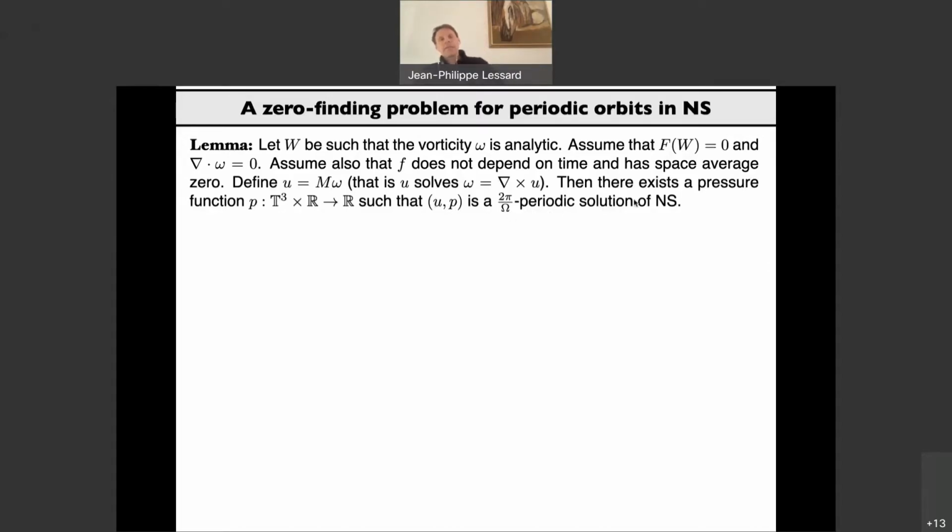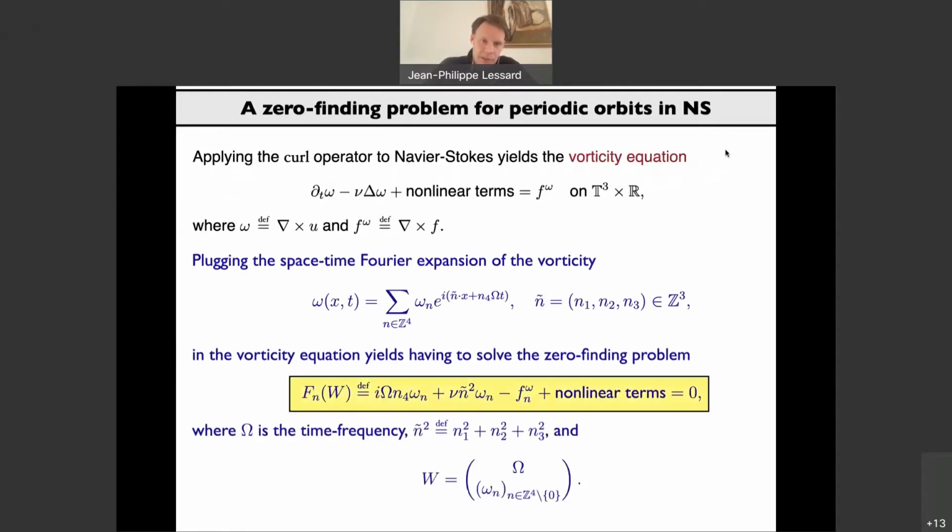Okay, so that lemma justifies the fact that now we can actually study the zero of F, which is this map. And once we study that, if we can prove the existence of a zero of that map, then we can recover a velocity, and we can recover a pressure from Navier-Stokes, and in fact, we can even construct explicit rigorous error bounds for U and for pressure after that is solved.